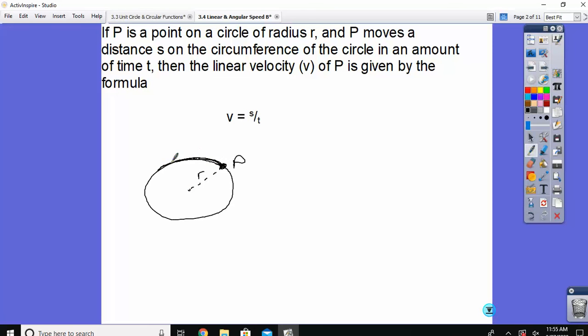And we know that the distance on the outside of the circle is arc length, so that is our S. If you know how long it takes that point to move that distance, you can find its speed, its velocity. So linear velocity, V, is like our linear speed. It's S over T, arc length divided by time. In other words, it's the distance you travel divided by how long it took you to do that.